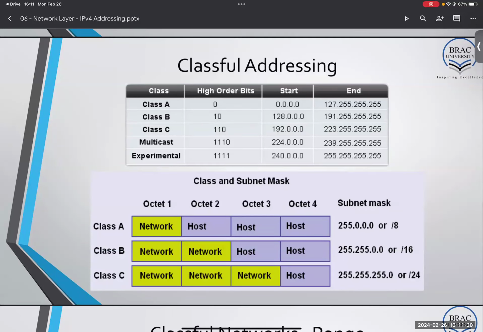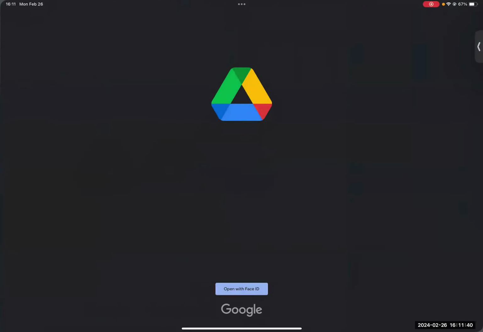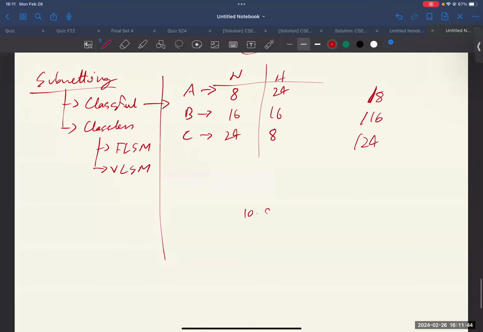Class B has a range of 128 to 191. Class C has this to this, right? These are the ranges. These ranges are fixed. So it never can be like this. So if I say 10.0.0.0/16, this is wrong because 10 belongs to class A. So the network address or the subnet mask, prefix mask must be /8. Clear? These are fixed. Any question here?